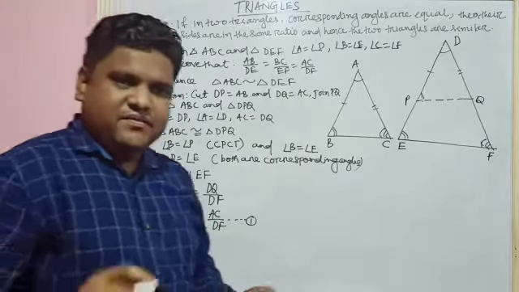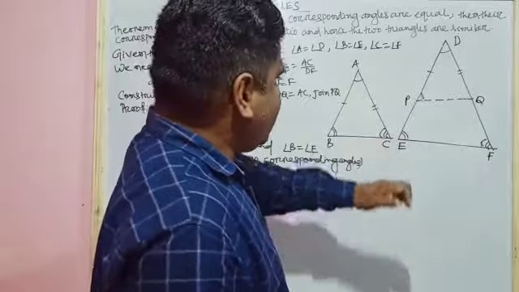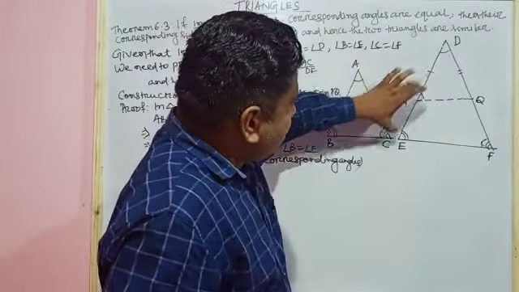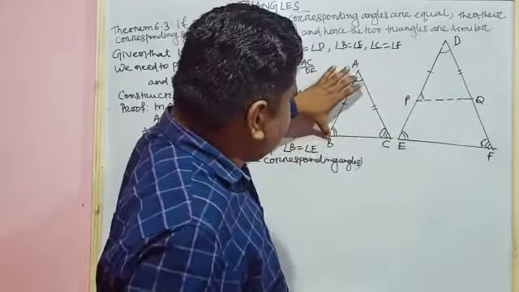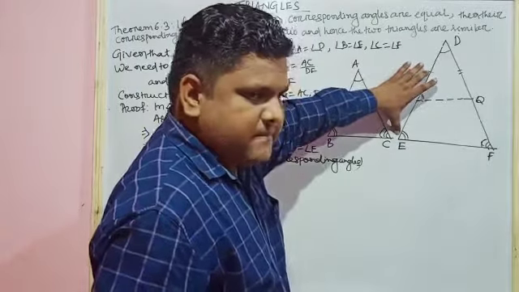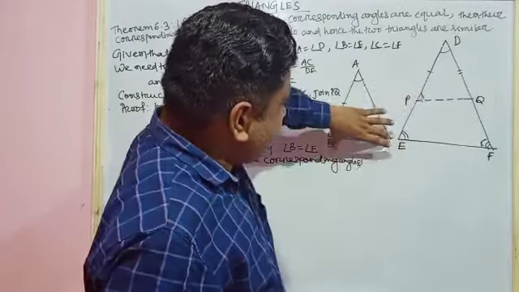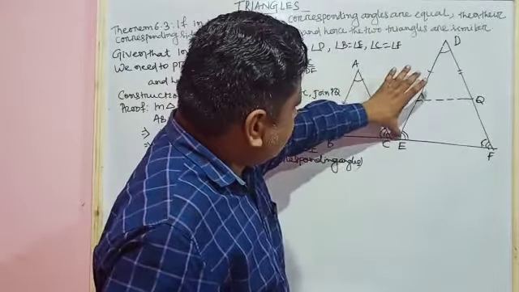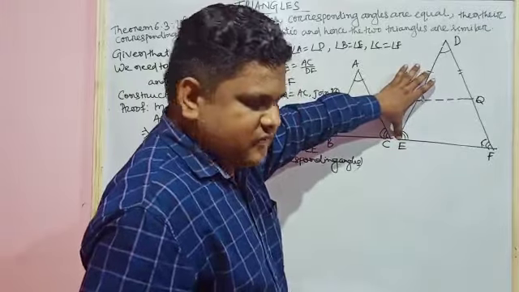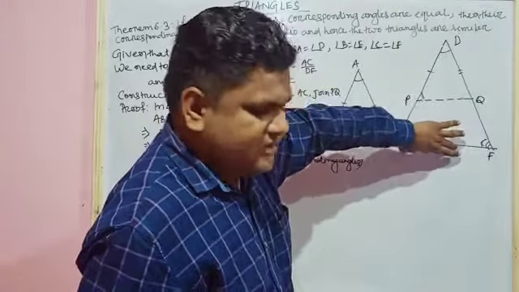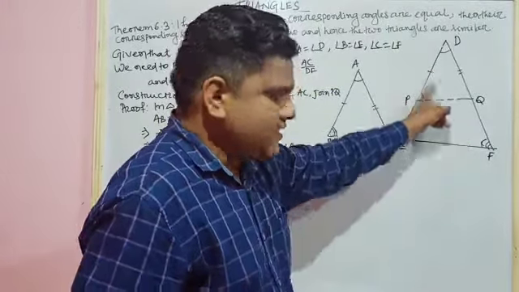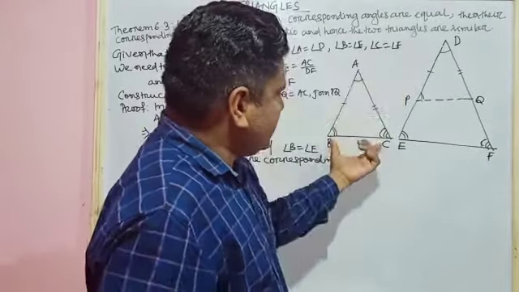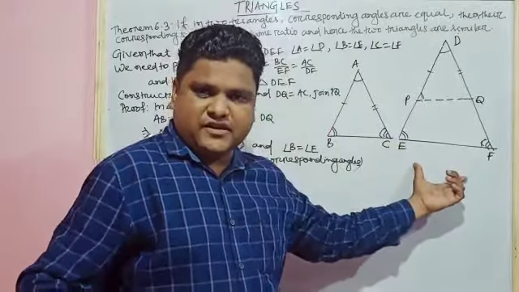Similarly, if we have drawn a line on ED such that BA and EX are equal, and BC and EY are equal, and a line joining XY, then we can get AB by DE equal to BC by EF in the same process.